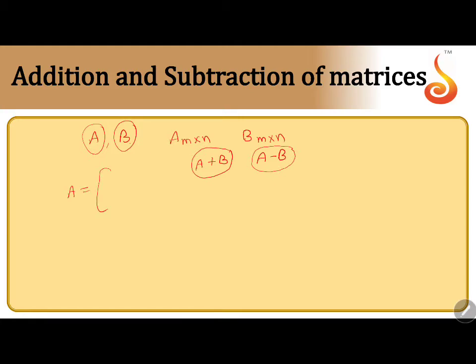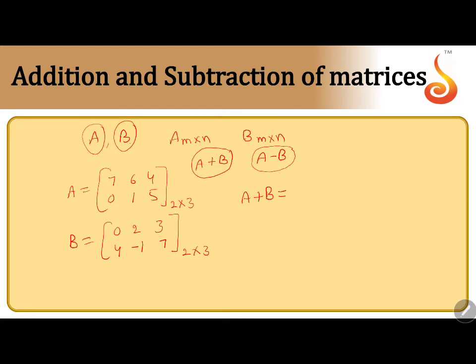A is equal to 7, 6, 4, 0, 1, 5. B is equal to 0, 2, 3, 4, minus 1, 7. A is of order 2 by 3, B is also of order 2 by 3. Two matrices with the same orders we have taken. So now A plus B is possible.